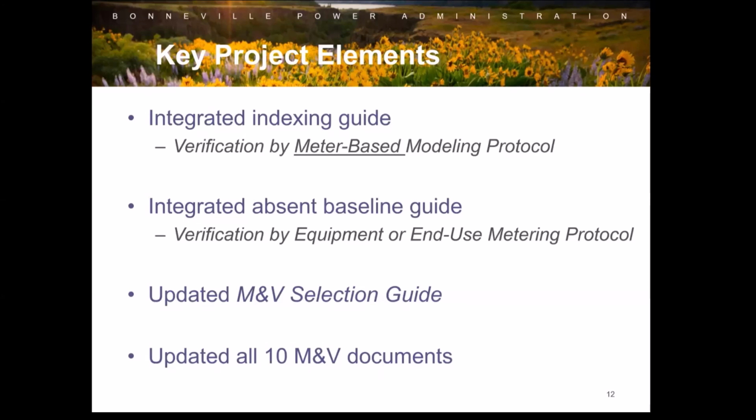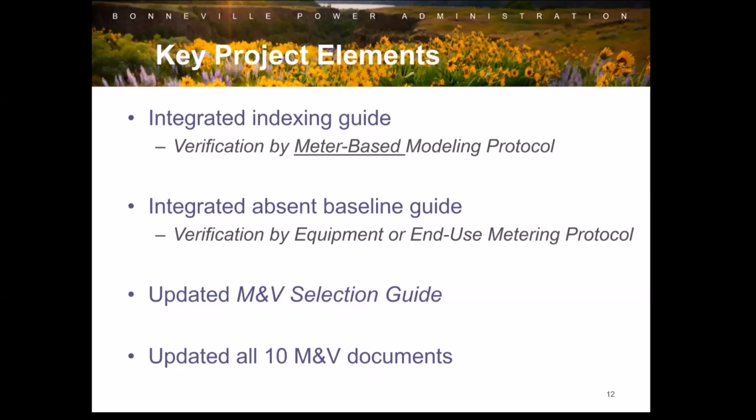The other one that we integrated into one of the existing primary protocols was the absent baseline approach, which was also a standalone guide, which was a subset of the equipment or in-use metering protocol. So you'll find that these 2 documents are missing from the portfolio, but they are integrated into these 2 main protocols.